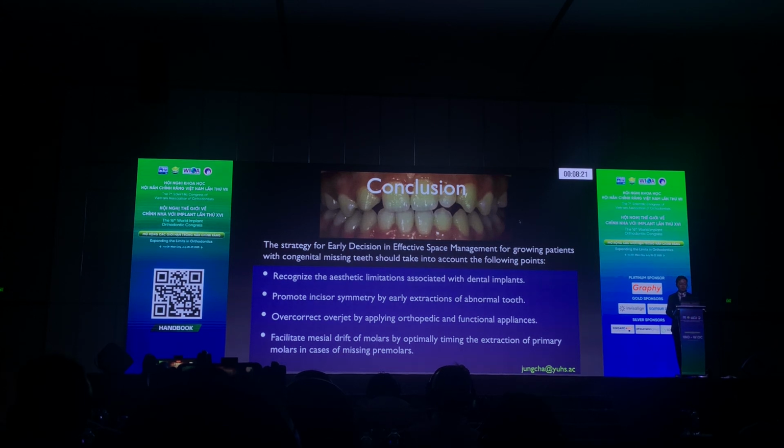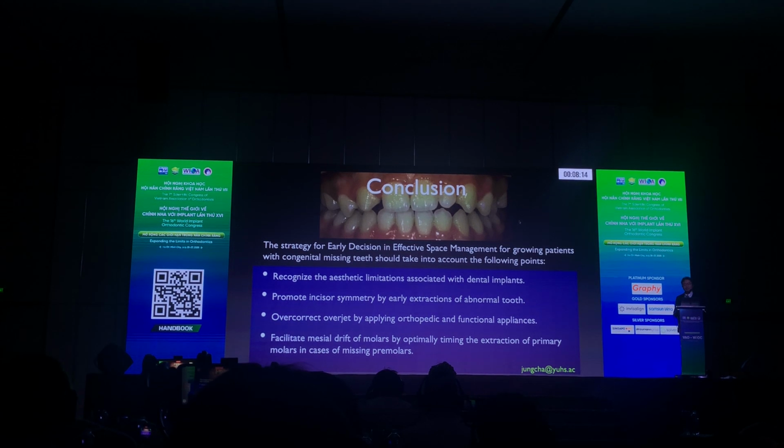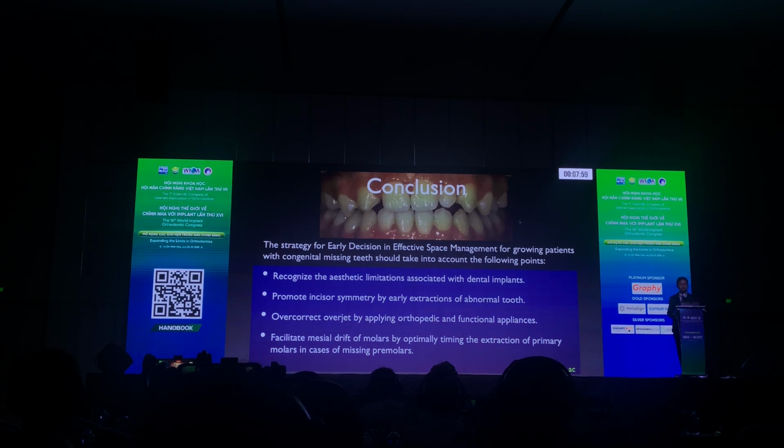So here are the conclusions. I introduced some strategies for early decisions for space management in growing patients with congenital missing teeth. We have 4 points. One, you need to make the patient recognize the aesthetic limitations associated with the dental implant.